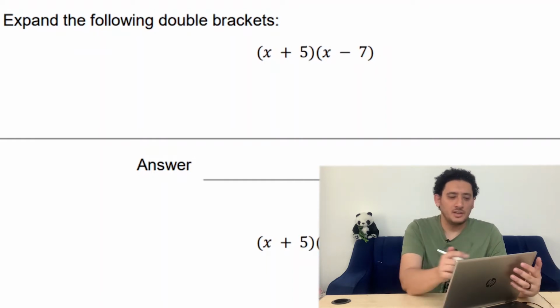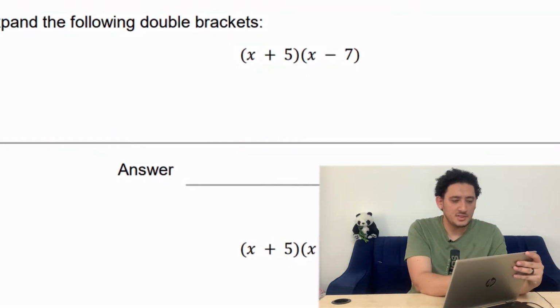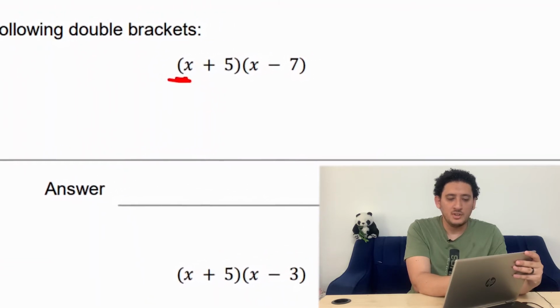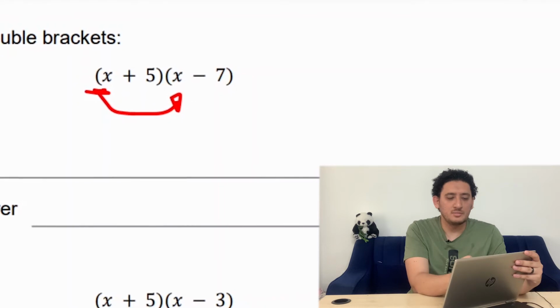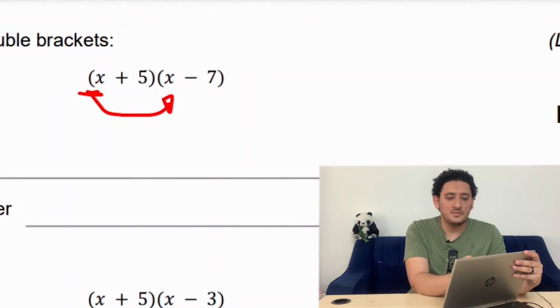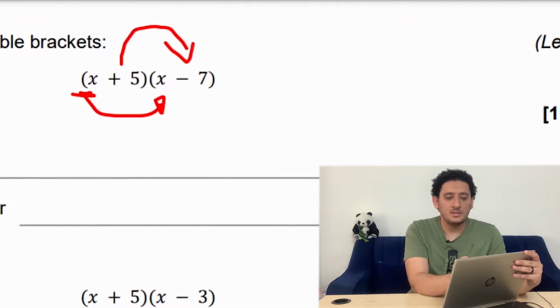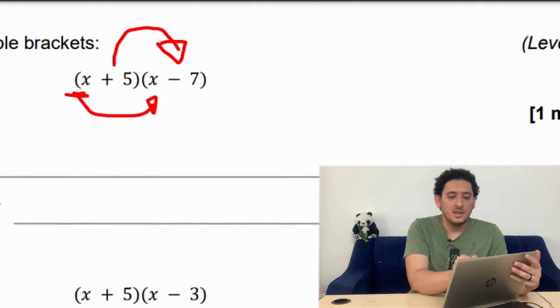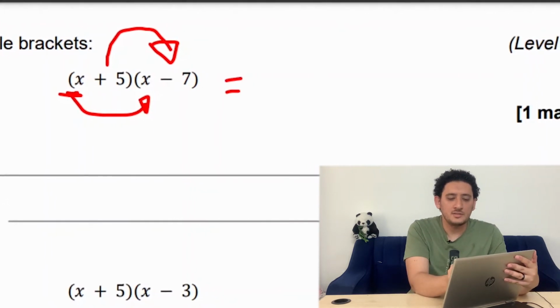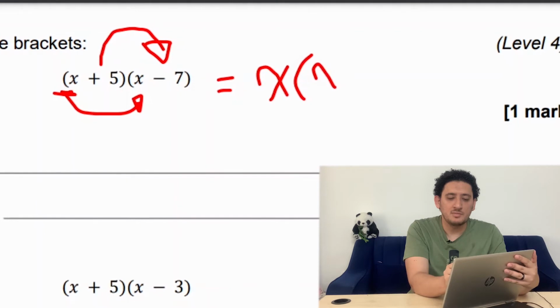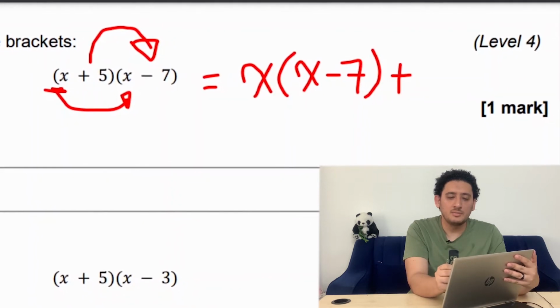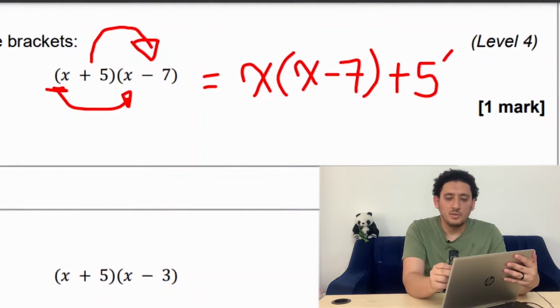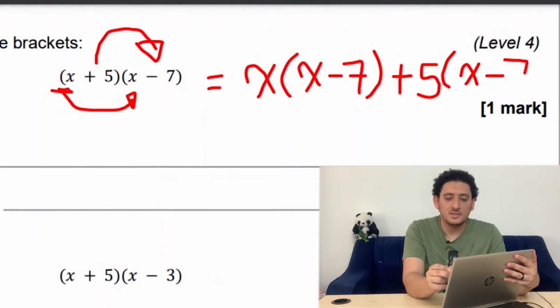We will multiply x, the first term of the first expression, by the second bracket. After we finish, we will multiply the second term of the first expression by the second expression. It means we will multiply x by x minus 7, and then we will multiply 5 by x minus 7.